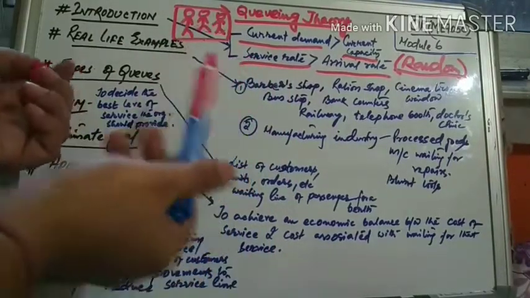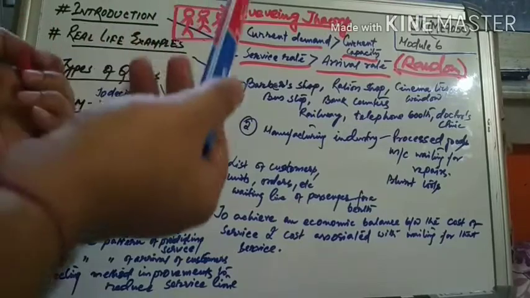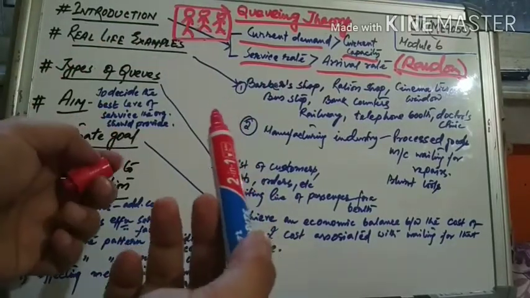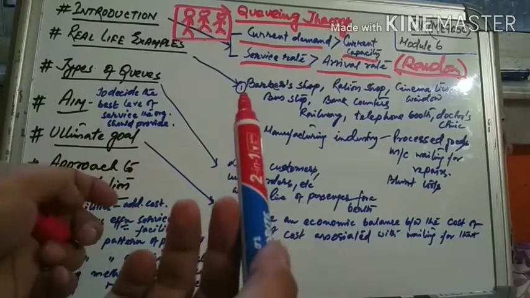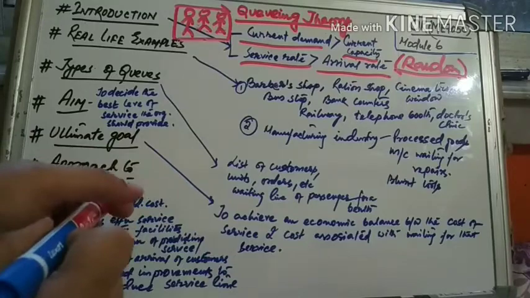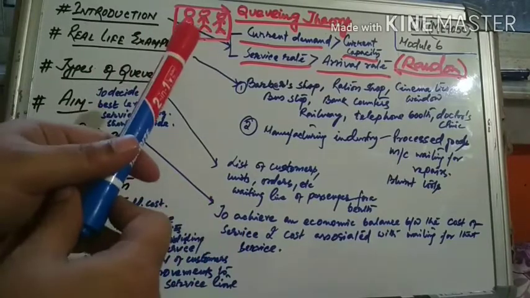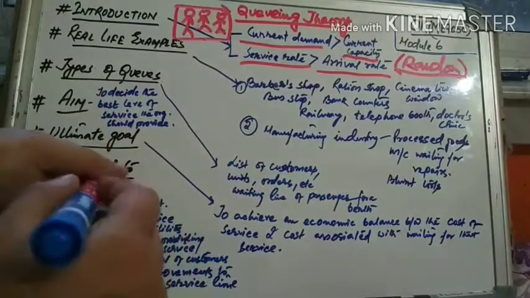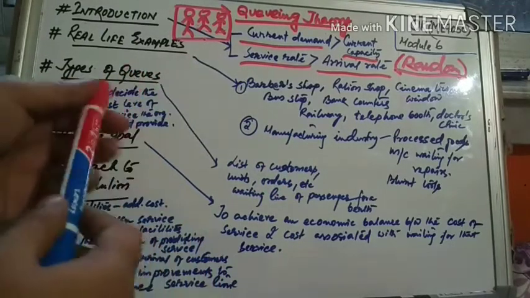Living beings are customers or human beings. Non-living beings are machines and tools. So we are dealing with both the living beings queue and the non-living beings queue, that is the machines queue, in this particular queuing theory.